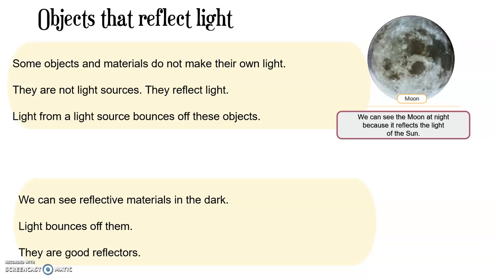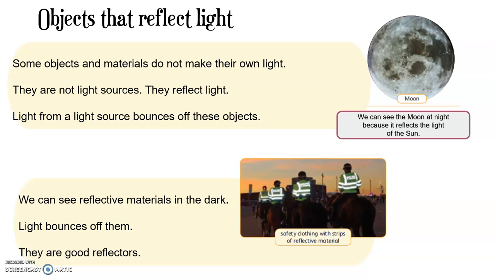Okay, like this. We can see the moon at night because it reflects the light of the sun. Okay, you can see the moon reflects. And then safety clothing with strips of reflective materials. They glow in the dark, yeah, the safety clothing.